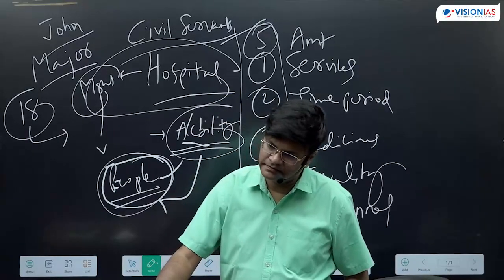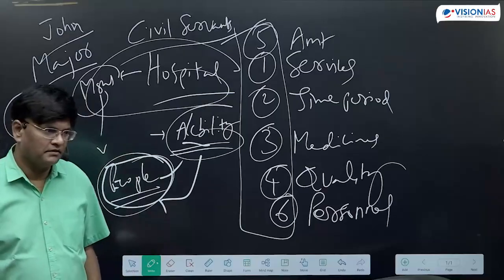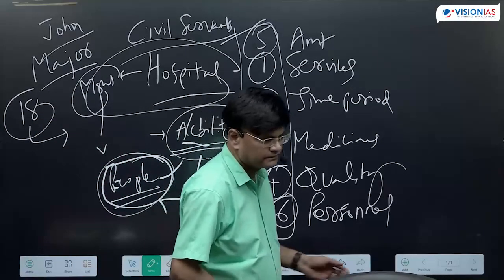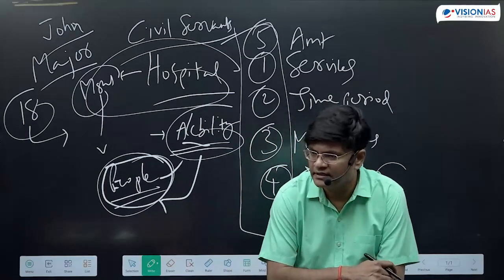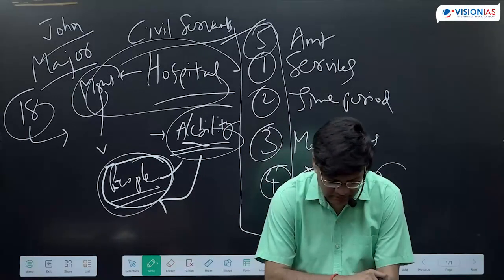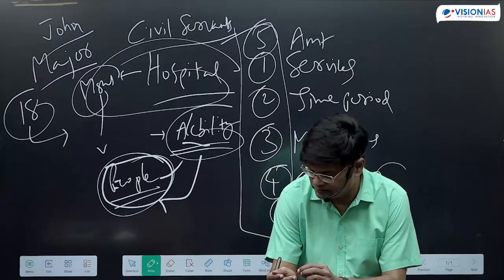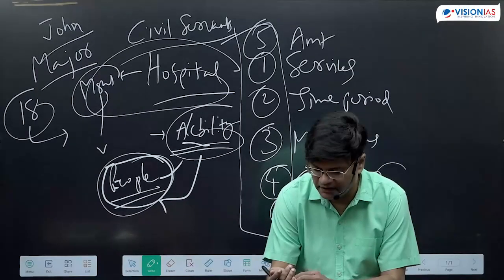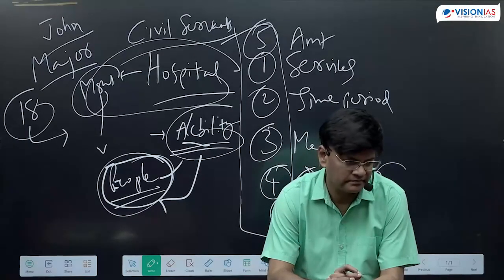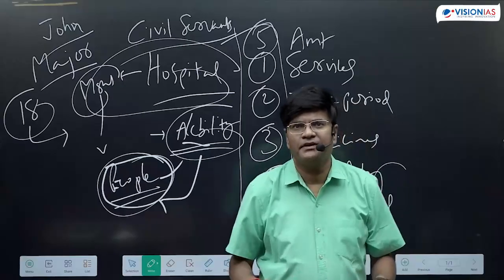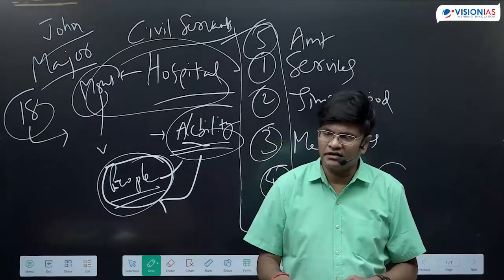Bureaucracy was given absolute monopoly over the development process. In a parliamentary democracy, bureaucracy is not directly accountable to citizens.